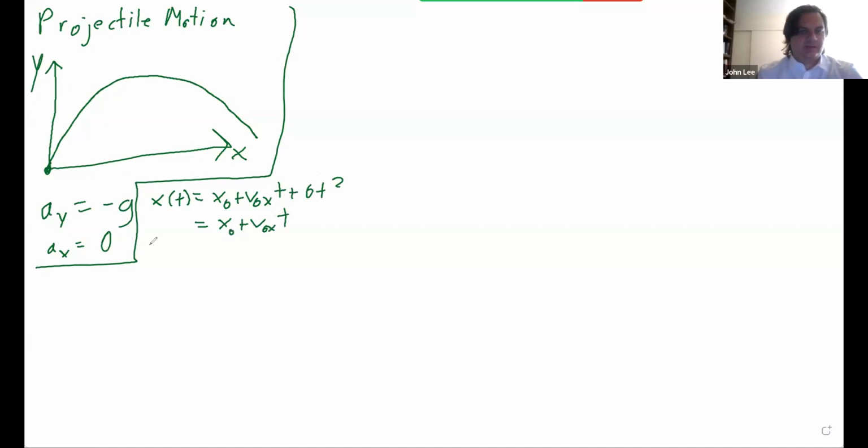And then vx of t is equal to v naught x plus 0 times t, which equals v naught x. So the velocity never changes when you're doing a simple projectile motion problem in the x direction.